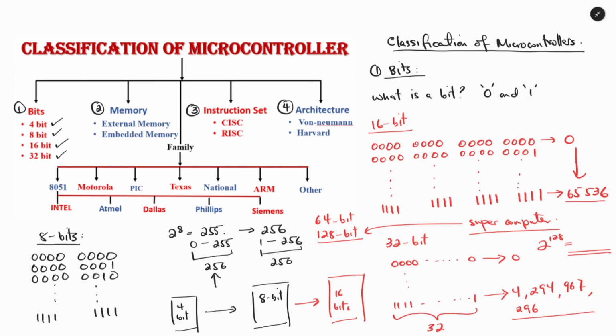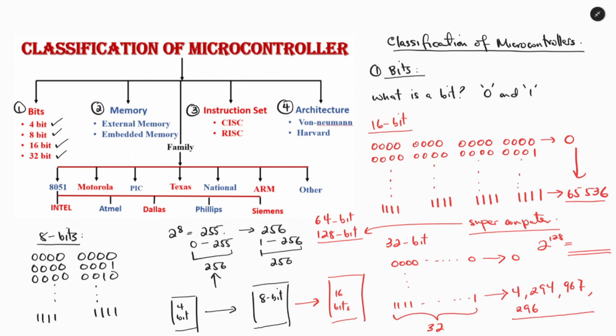And when we look at this particular microcontroller, we can see that when the number of bits increases, the amount of information that can be processed increases. And when we decrease the number of bits, the amount of data that can be processed inside a microcontroller decreases.